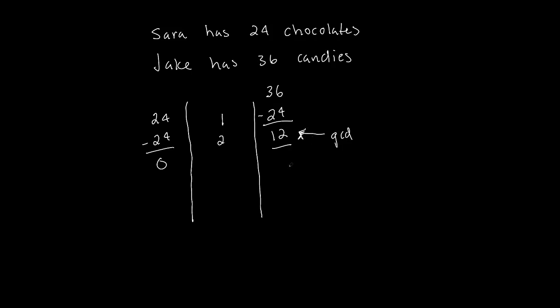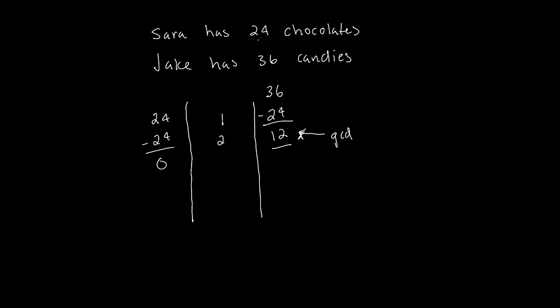So what does this mean? Now, before I just say it, ask yourself, what does this number represent for our problem? And the answer is, it means that we can divide the candies up into 12 bags. Now, another question for you might be, how many chocolates and how many candies would be in each of the 12 bags?